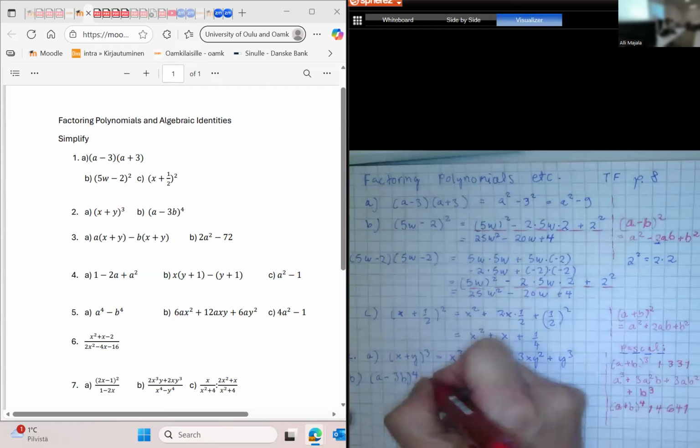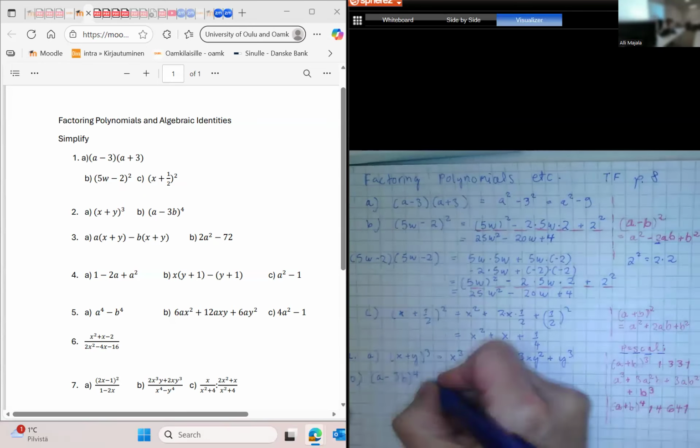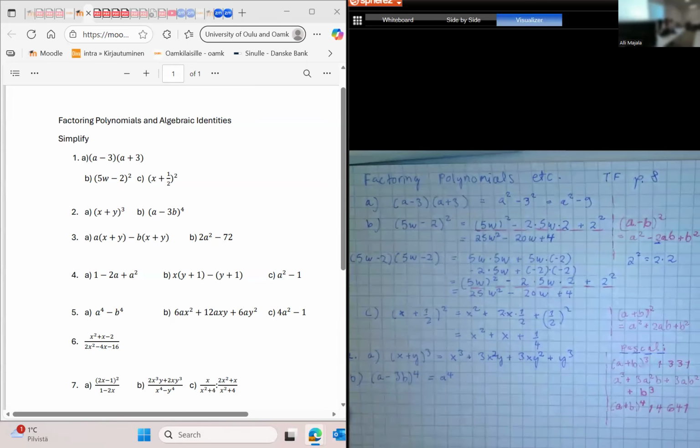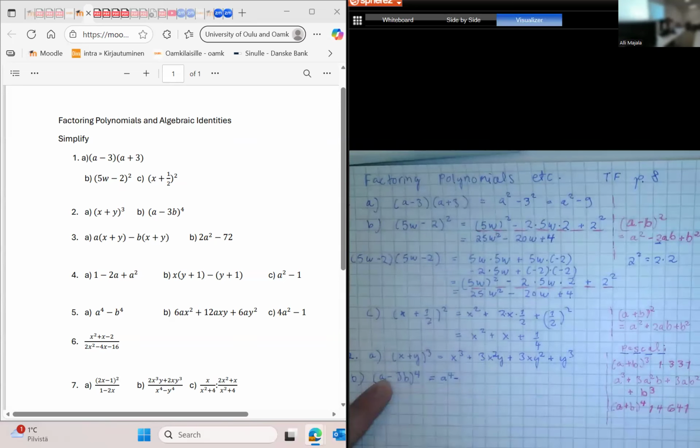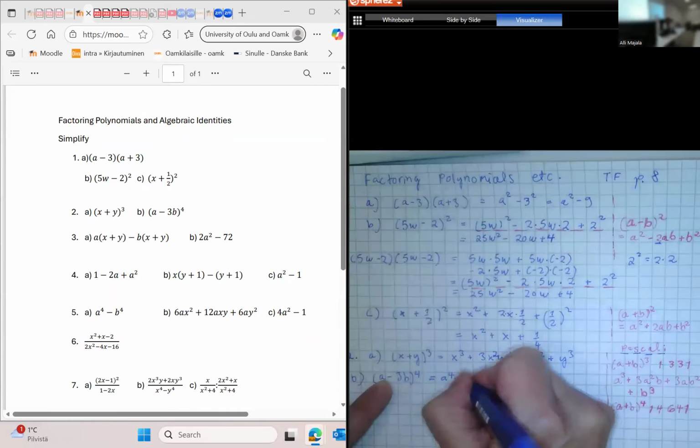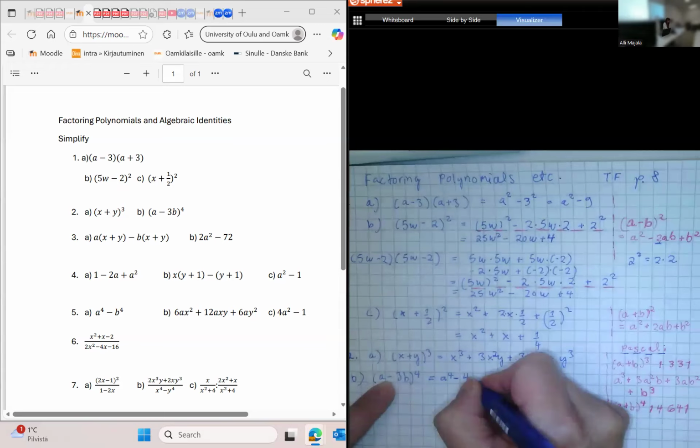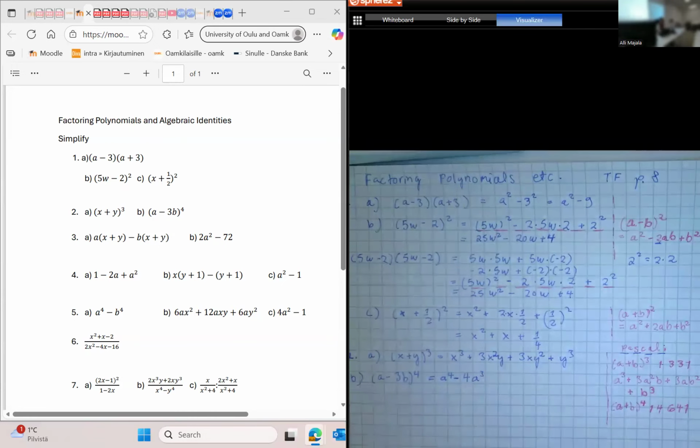So obviously I have first this in the power of 4. Then I have 4. And now do I have to put the minus now? Yes, first I put the minus. If there's a minus, I first have to put the minus. Then I put the multiplying factor, that was 4. Then I put the first, and that would be in the power of 3, for sure.